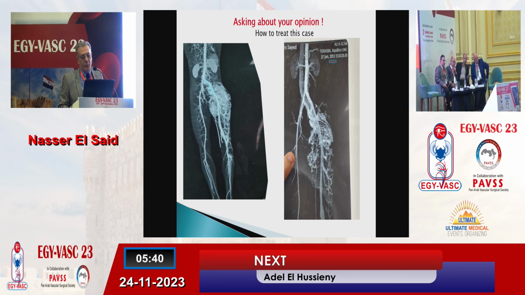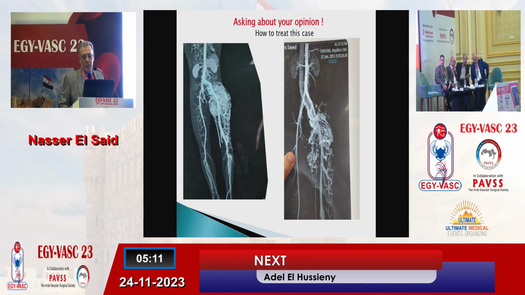First, we did skeletalization of the left iliac artery segment and ligated the left internal iliac artery. In this young chap, we are not so worried about erectile dysfunction because trials proved one internal iliac may be more than enough.